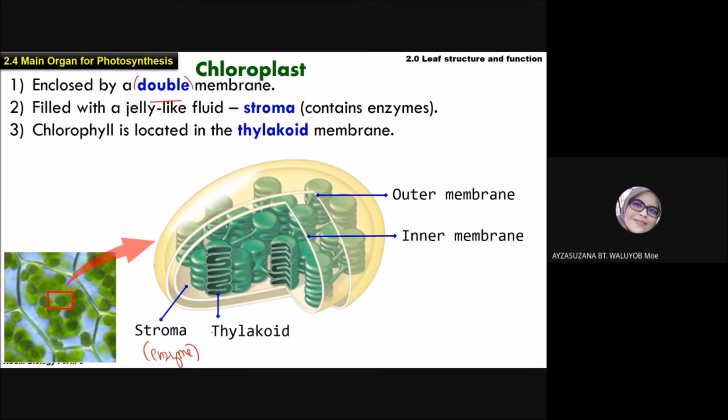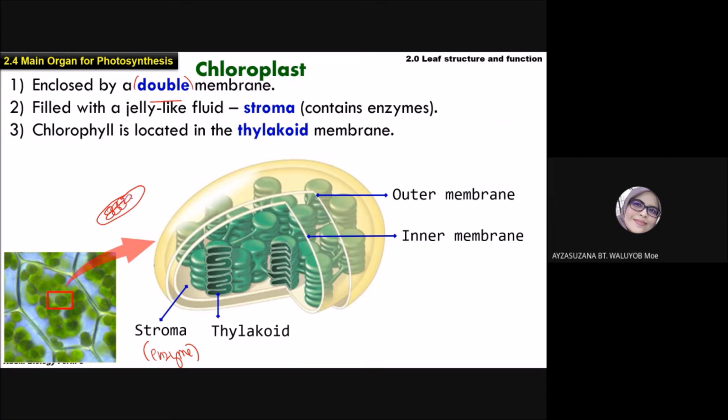Chlorophyll is located in the thylakoid membrane. So, yang saya kata satu keping duit shilling ni, semua kita namakan sebagai thylakoid. Satu-satu keping tu. So this is the cross section of the thylakoid. Okay, sebab bila kita potong thylakoid dia nampak bentuk macam ni. Sebab tu bila kita tengok dalam gambar rajah chloroplast, bentuk dia berkeping-keping.